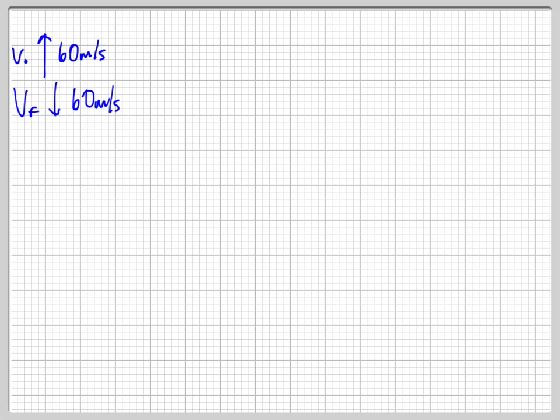So again, the easiest way for me to visualize this problem is to say my change in velocity for that motion is my final velocity minus my initial velocity. So my change in velocity is 60 meters per second south minus 60 meters per second north.